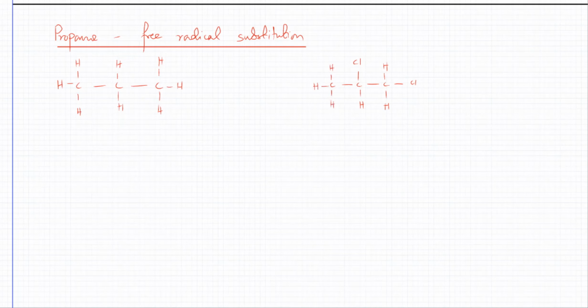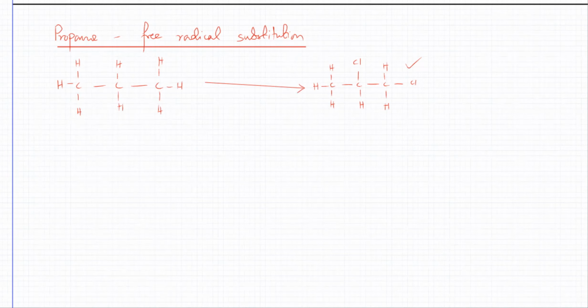So that is clearly possible. I mean, that is what you're going to get if you do a substitution reaction with chlorine. So that is fine. There's nothing wrong with that. This one is definitely possible.